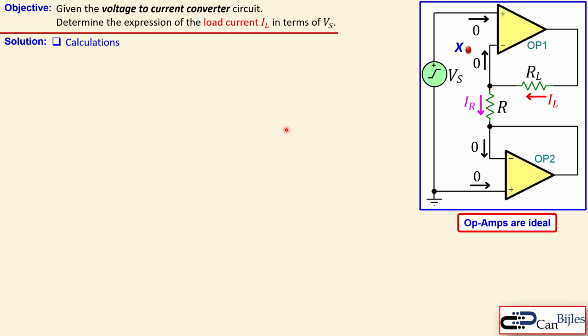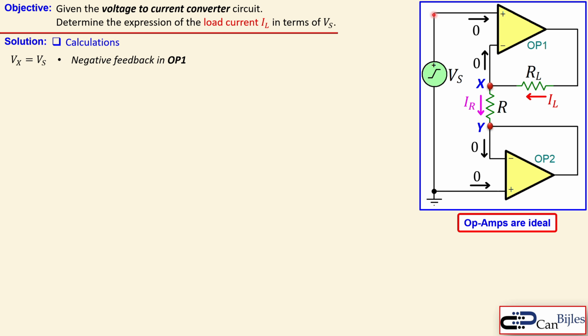Before we work out the calculation, it's also handy to designate the nodes. I designate here the node X, and another node here is Y. Now, Vx is equal to Vs, this node voltage. Why? Because we have negative feedback in this OP1, and due to the negative feedback, the op-amp tries to make this node voltage equal to that node voltage.